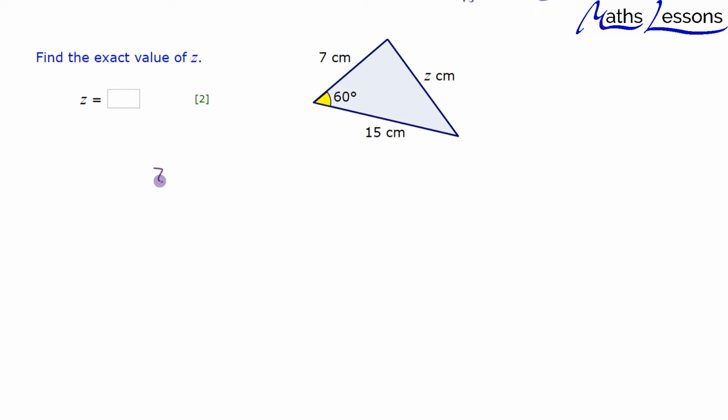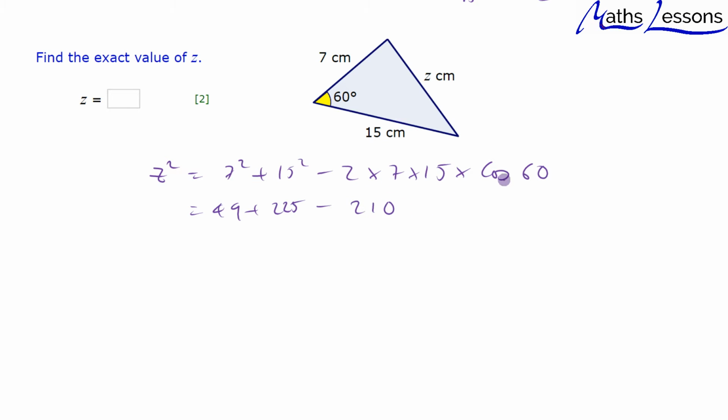So z squared is equal to 7 squared plus 15 squared minus 2 times 7 times 15 times cos of 60. That's 49 plus 225 minus 2 times 7 times 15, that's 210, times cos of 60, which is a half.